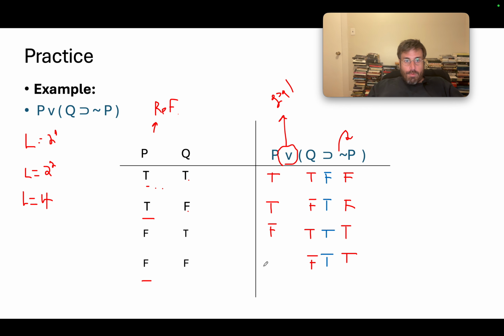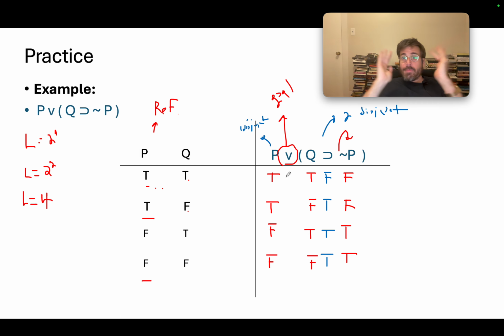And then finally on the fourth row again, P is false. So now we have our disjuncts. P is our first disjunct. And really the values of horseshoe are the second disjunct. That's what's being connected. Okay? So now we can think about the values of our main operator, wedge.